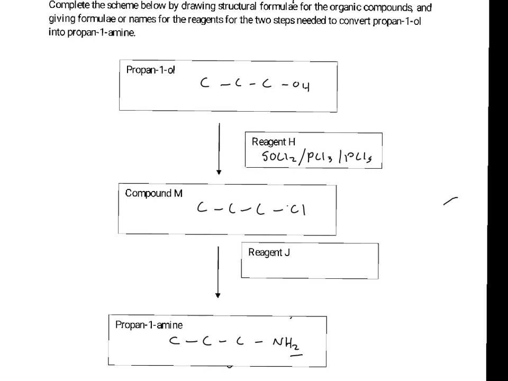To go from a haloalkane to the amine, you need to add ammonia, and it needs to be alcoholic or concentrated. Okay, if you just write ammonia or ammonia aqueous, it's not going to count. The reason why is because aqueous ammonia contains hydroxide, and you can actually end up doing a substitution reaction and swapping the Cl for an OH. So it needs to be alcoholic or concentrated, which means there's no water around.